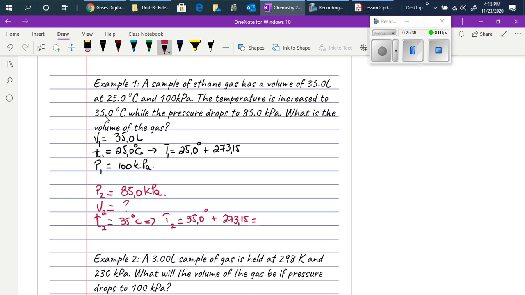Okay, so now if we do those calculations, we will have 308.15 Kelvin for T2, and for T1, we will have 298.15 Kelvin.